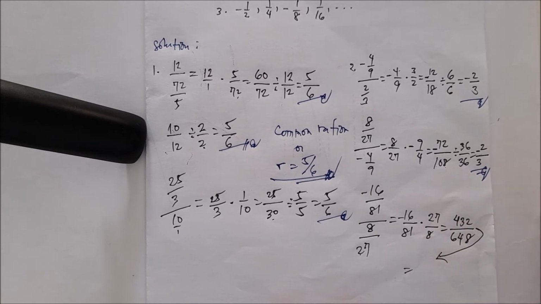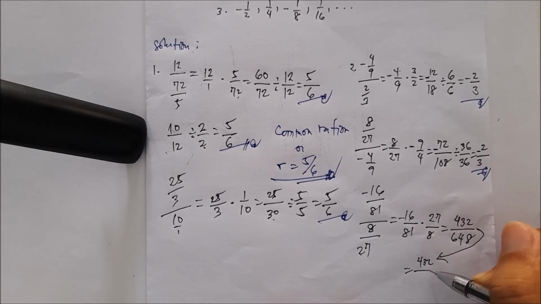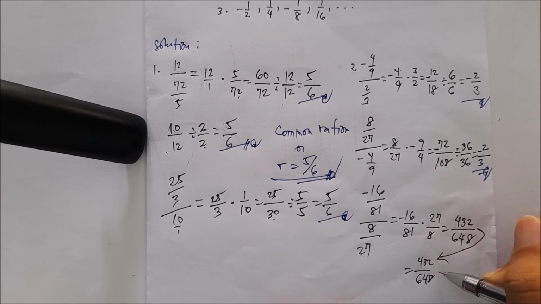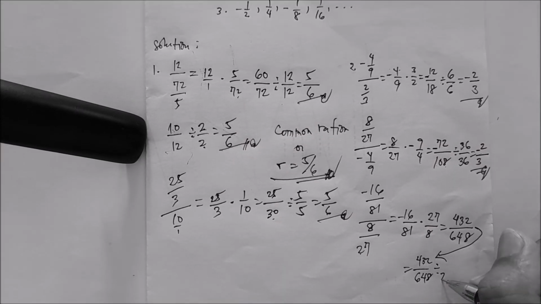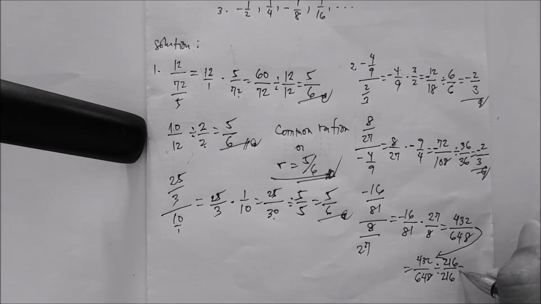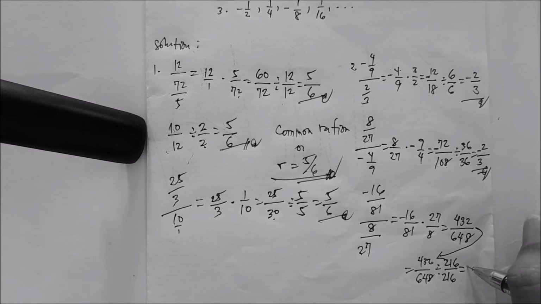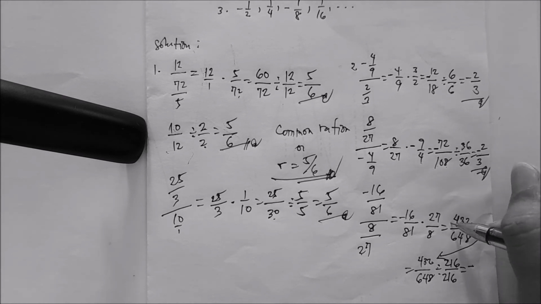Yes. Copy 432 over 648 divided by 216. 432 divided by 216 is equal to negative 2. Don't forget the negative.